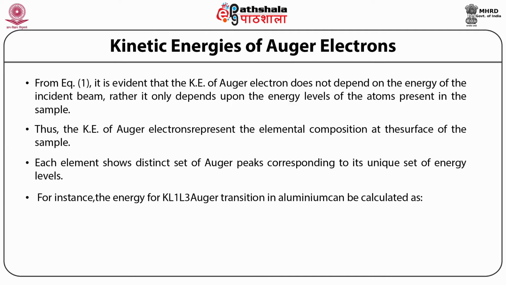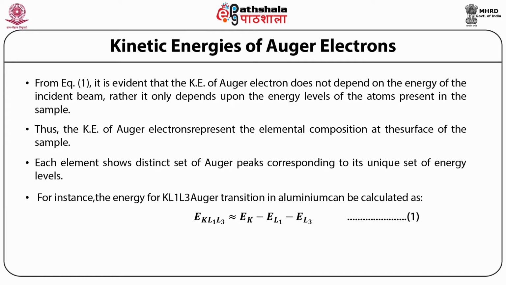For instance, the energy for the K L1 L3 Auger transition in aluminium can be calculated as E K L1 L3 equals Ek minus El1 minus El3.